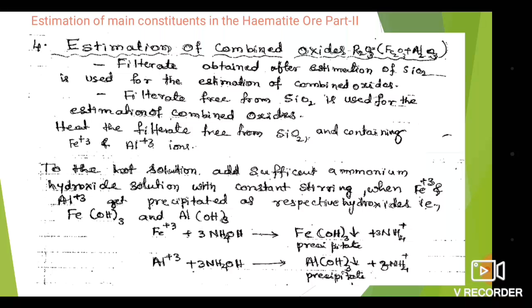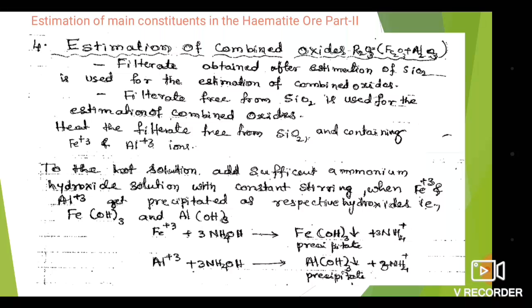With the help of a formula we can estimate the amount of SiO2. But in the next part we are going to learn about the estimation of Fe2O3 and Al2O3, that is, combined R2O3. So the filtrate obtained after the estimation of SiO2 is used for the estimation of combined oxide. A filtrate free from SiO2 is used for the estimation of combined oxide.